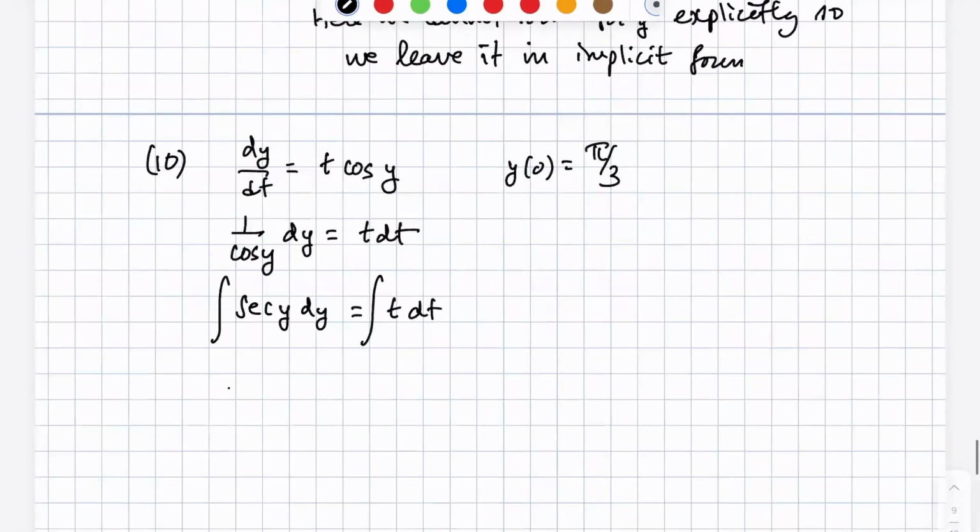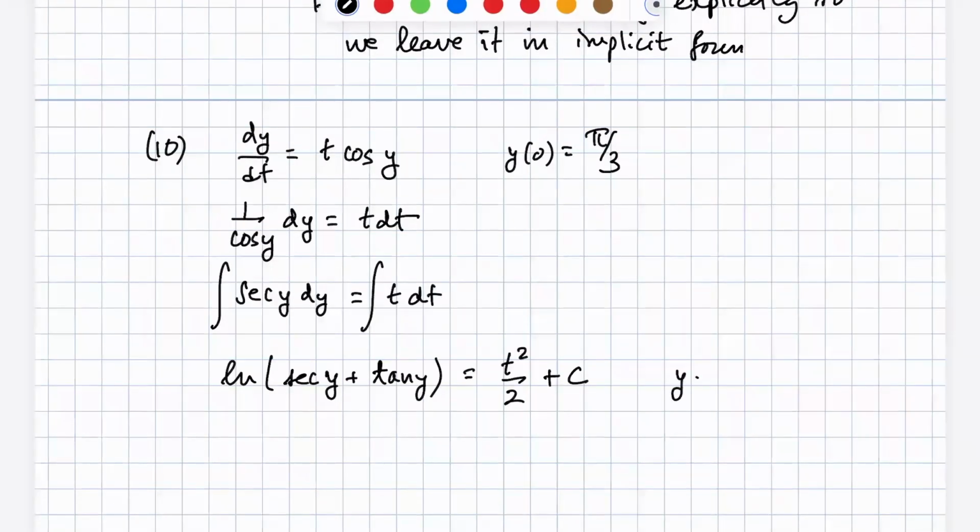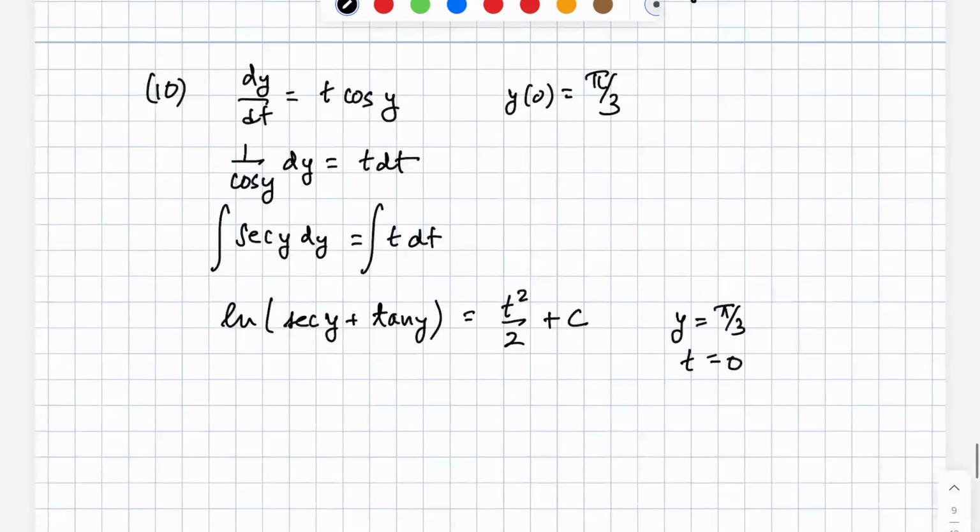The antiderivative of secant is log of secant y plus tangent y. You can use absolute values or not. And on this side, you have t squared over 2 plus c. So when y is pi over 3, that means that t is equal to 0. Let's plug it in: log of secant of pi over 3 plus tangent of pi over 3 is equal to 0 plus c.